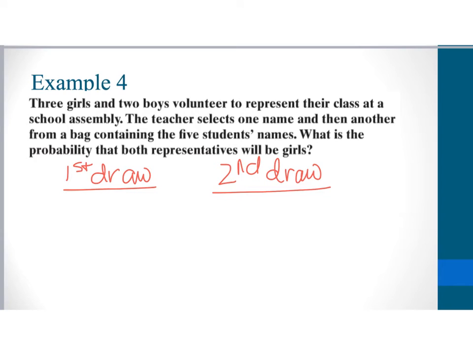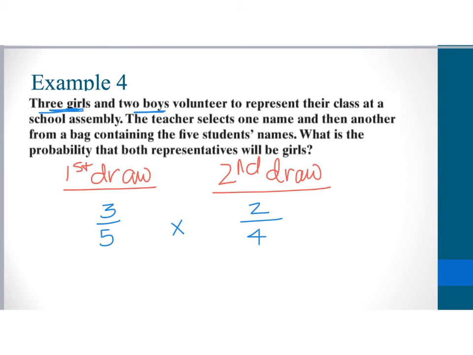When the first student is selected, it looks like we have 3 girls and 2 boys. So we have a total of 5 students possible, and there are 3 girls in the first draw. Now in the second draw, because I've already taken 1 out in the first draw, we have 4 total students. And if I drew a girl in the first draw, that means I'm now going to have 2 girls in the second draw.